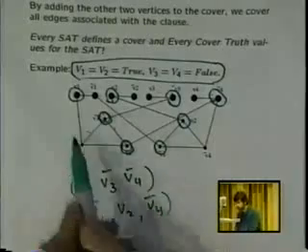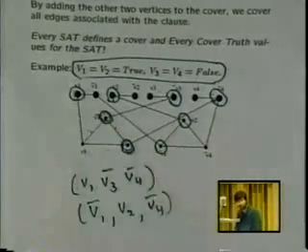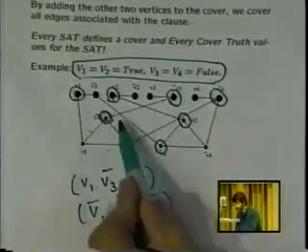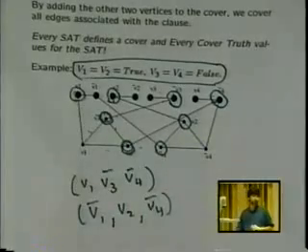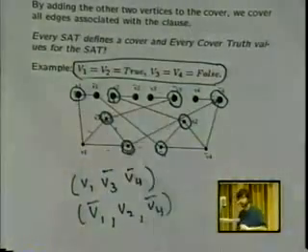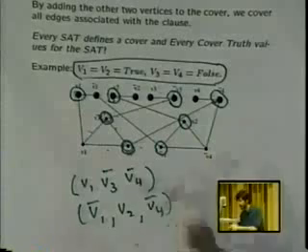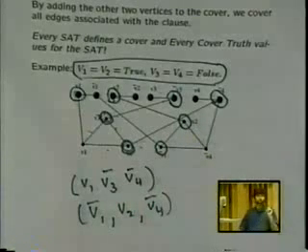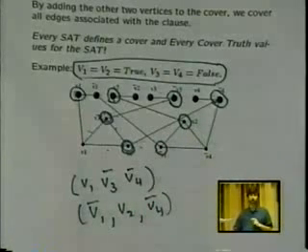Those three triangle edges, I need to pick two of them. Since I know this edge is already accounted for, by picking these two, I can account for those other two edges. If you gave me a SAT problem solution, there has to be a vertex cover of the right size. How many people believe? How many people do not believe?